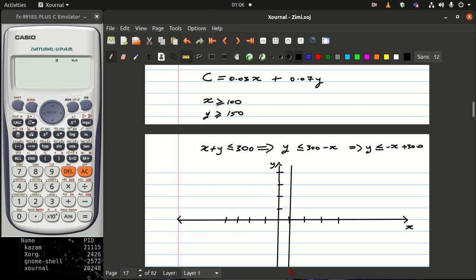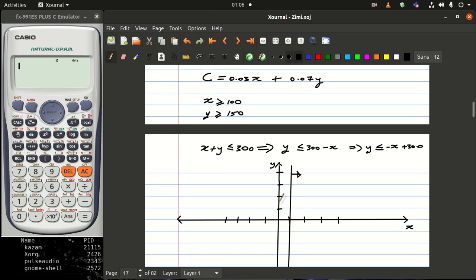I'm going to draw a straight line at 100, and then I know what I'm looking for: I want my X to be only this side, because we have bigger. And then the next thing is saying we have Y, we want it to be above 150.